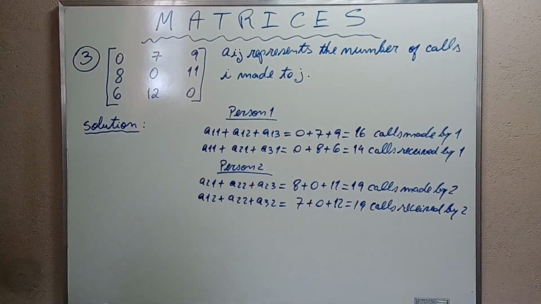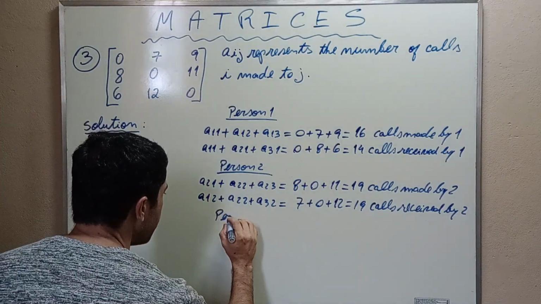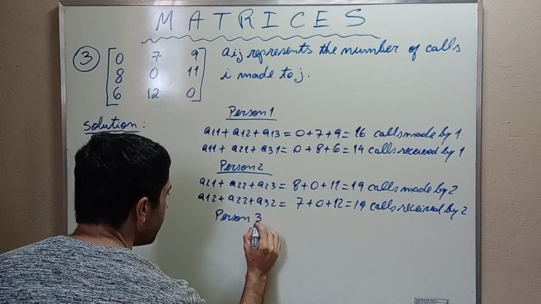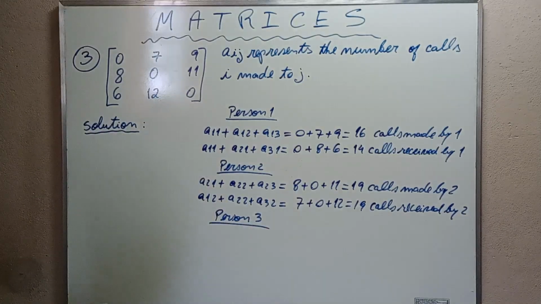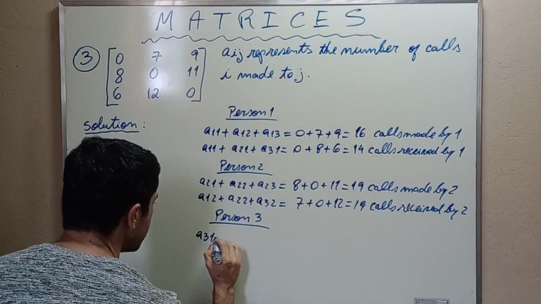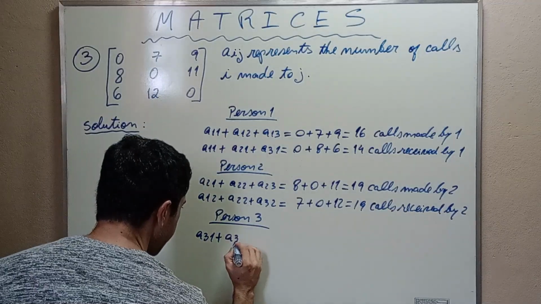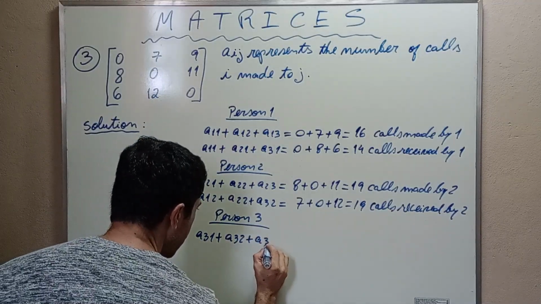And lastly, for person 3, A31 plus A32 plus A33.